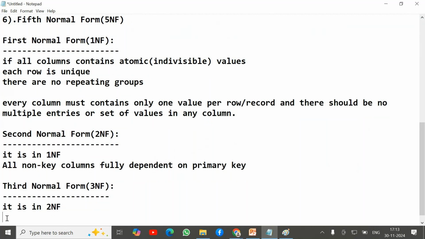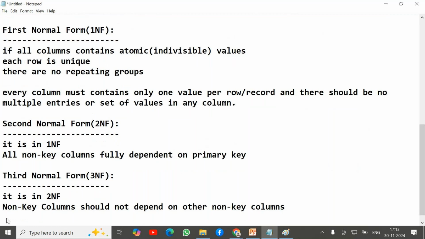That means non-key columns should not depend on other non-key columns. This eliminates situations where one non-key column depends on another non-key column.